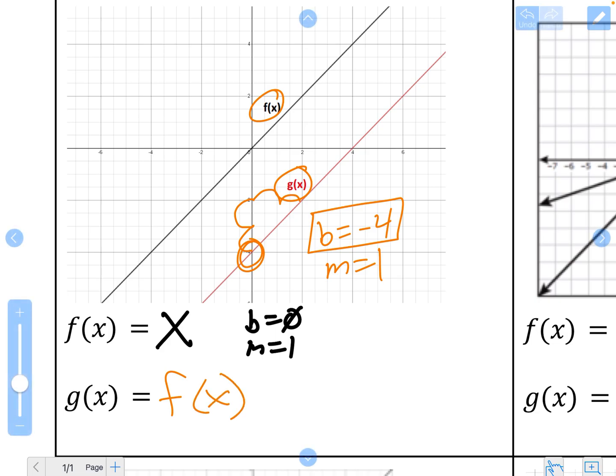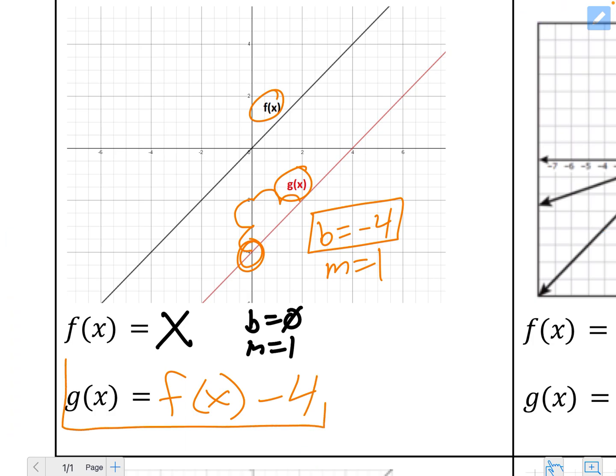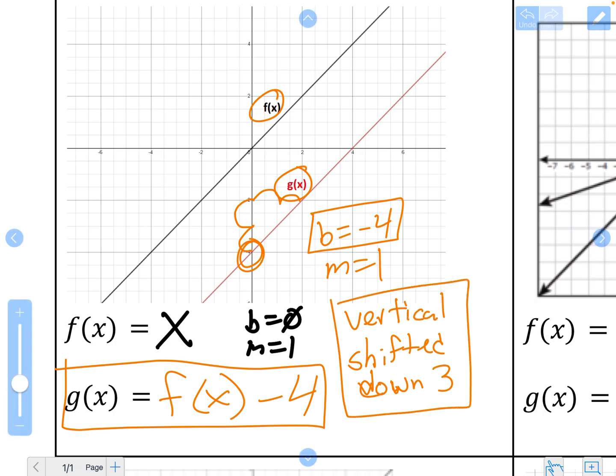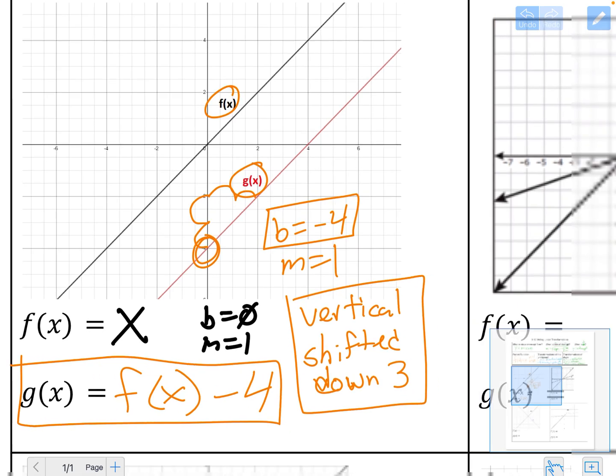Because I know that f of x is x, my slope hasn't changed, so it's going to stay the same. And then for my b, I'm going to write -4. So my transformation that happened was g equals f of x minus 4, and that transformation means that it shifted down 4, or a vertical shift down 4 was the transformation that occurred.